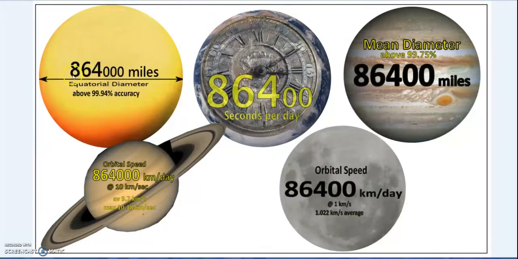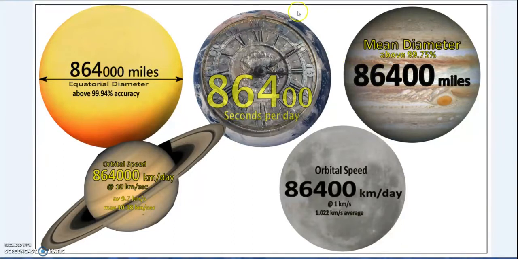And so, well, 864,000 miles is the diameter of the sun, above 99.9%, but also because of the different techniques on how you define the outside of the sun, and I should say essentially the mean diameter, so the average polar equatorial diameter, I've labeled it equatorial, but really it should be the mean diameter.